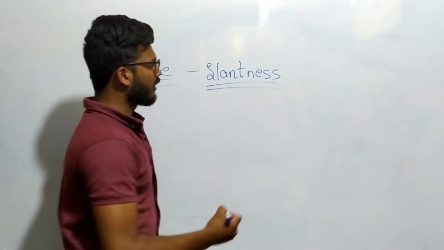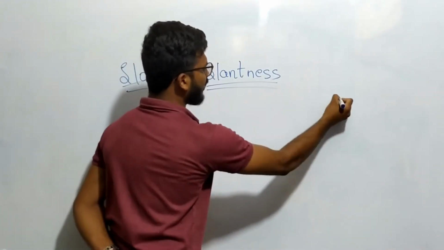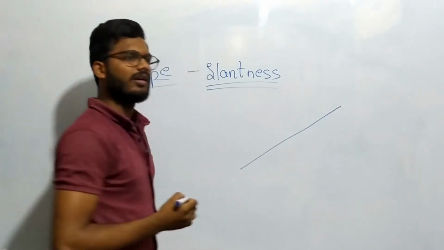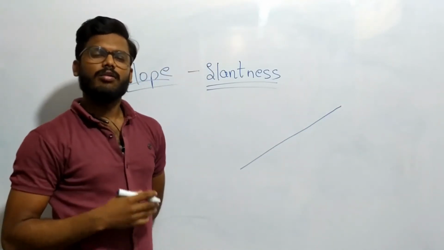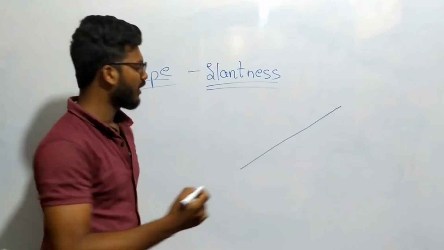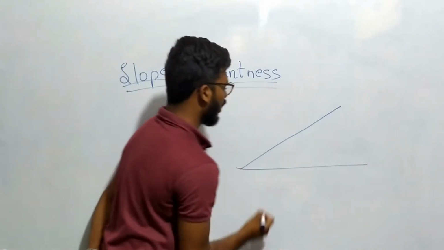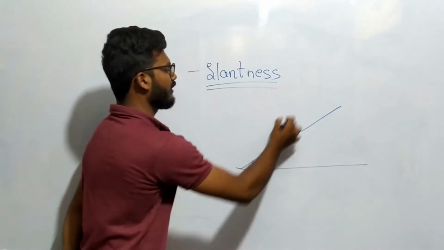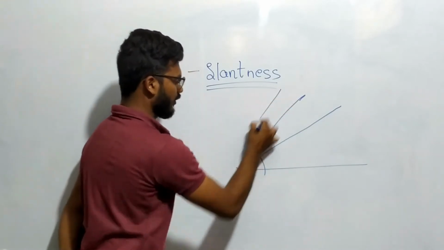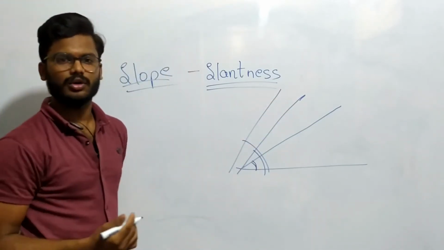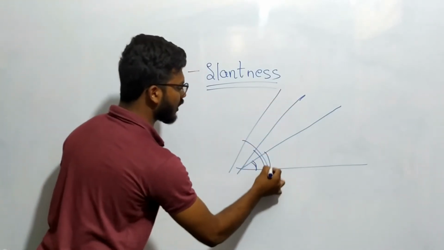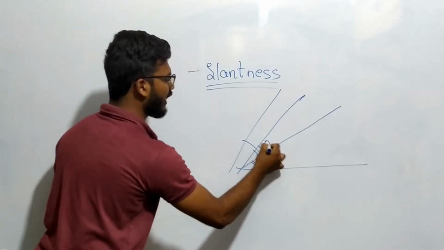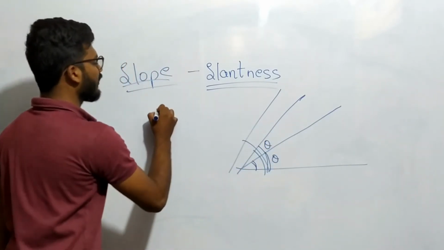See here, whenever there is a line, we can measure slope along the ground, right? How much slope do we have? Nothing but this will represent the slope. So slope depends on this angle. So we can find slope.